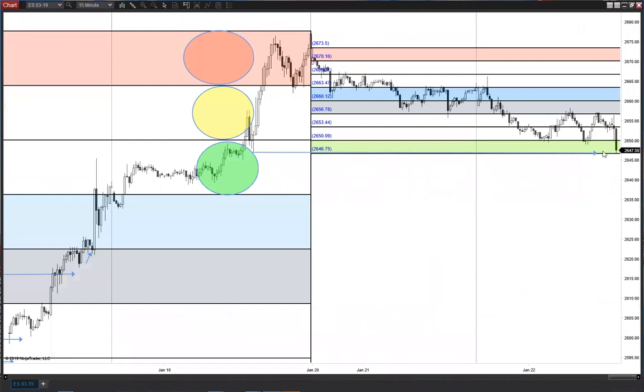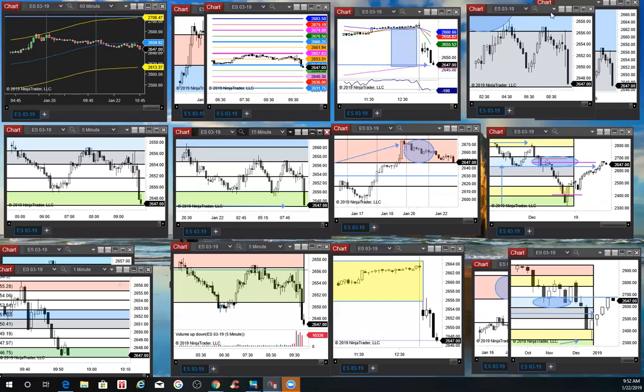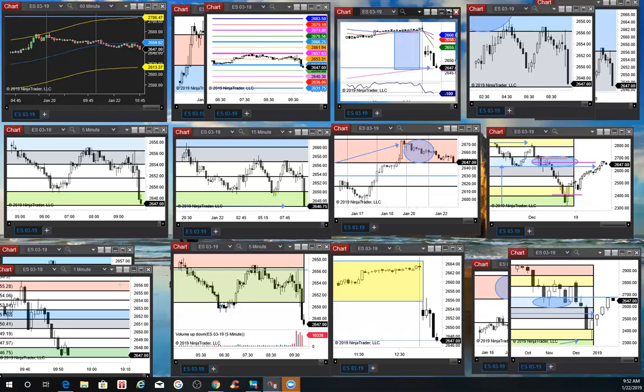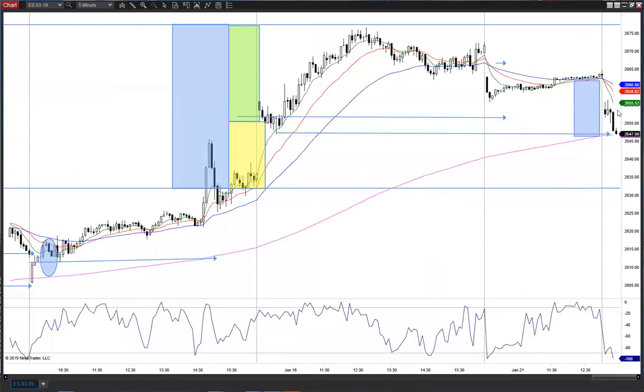I'm still thinking by the end of the day, we've got a two-way day. And the reason why is I'm still saying that maybe 10% of the time I'll see this plunge through here, but not often, because these are so much higher.